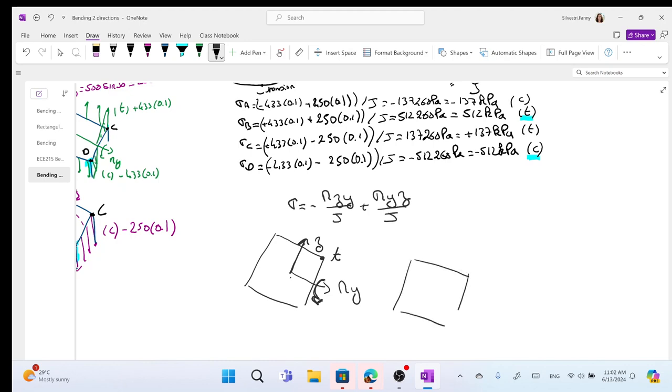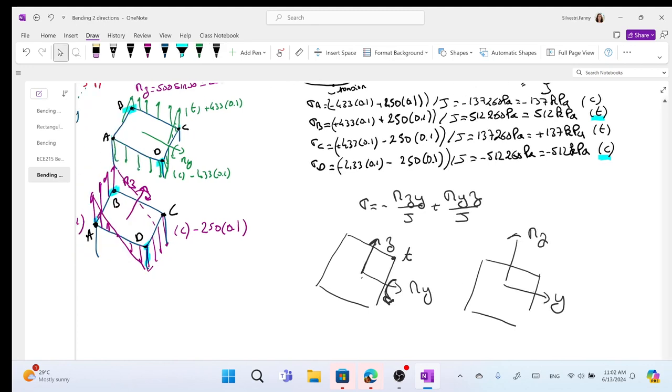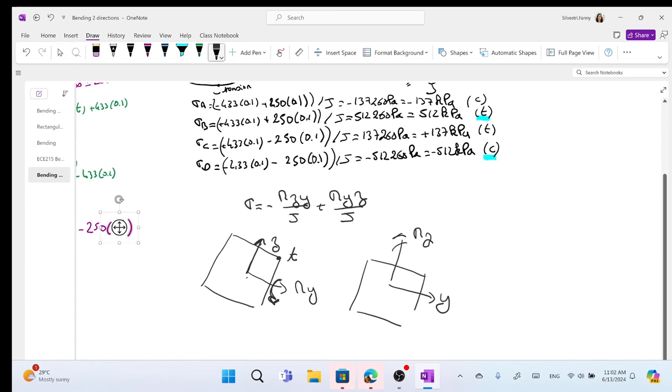But when we use Mz and the y, the positive Mz creates compression at the positive y. And remember, we want compression to be negative. So we need to inverse the sign for Mz times y. You see the moment and the z, and the moment and the y, are not in the same direction, so we need to inverse the direction of one of them.